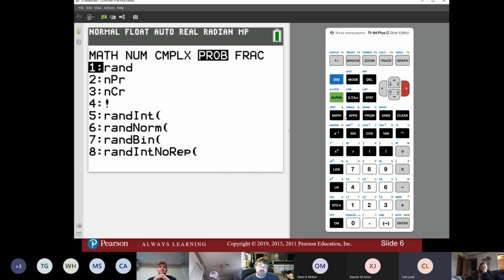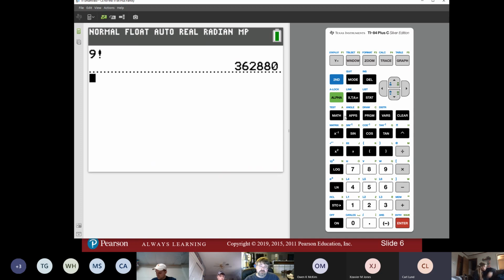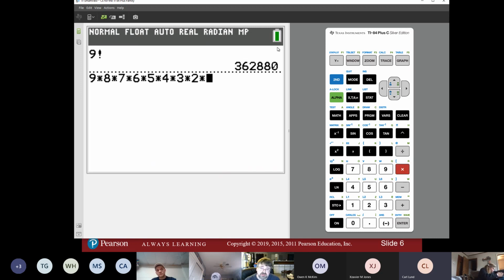Go over to probability, which is sometimes called PRB on older models, and choose option 4, which is an exclamation point. You get 362,880, which is the same as 9 times 8 times 7 times 6 times 5 times 4 times 3 times 2 times 1.